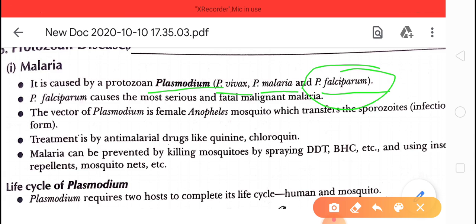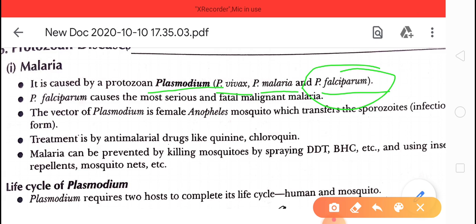Okay, children, two things are very important here. Number one, the pathogen, and number two, the vector. The pathogen is the causing organism, like Plasmodium, and the vector is the organism that carries the pathogen. For example, the female Anopheles mosquito is the vector, and the pathogen is Plasmodium.